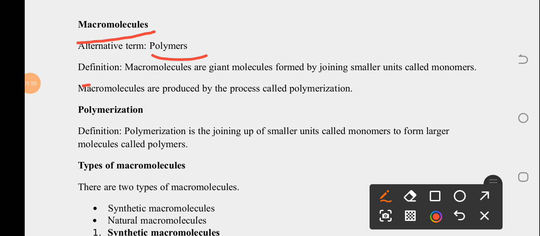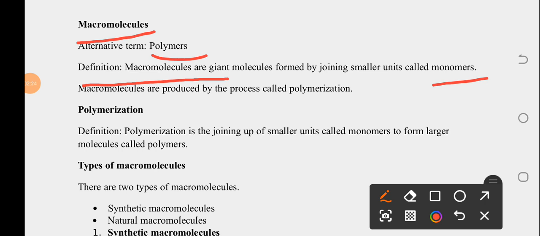By definition, when we talk of macromolecules, we're just talking about giant molecules. And these giant molecules are formed by joining smaller units called monomers. So when you get a monomer and another monomer, then you join them, what we are producing is what we call a polymer.